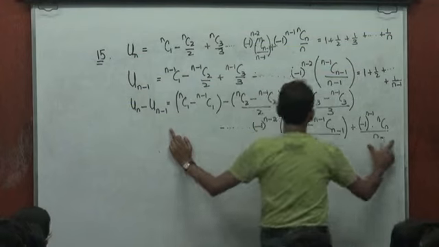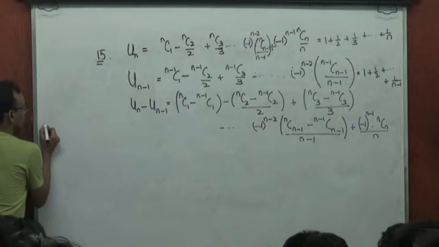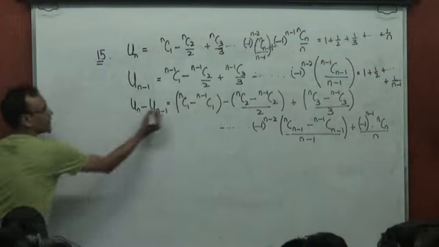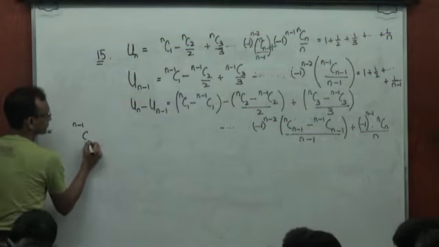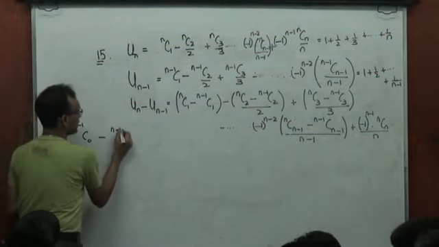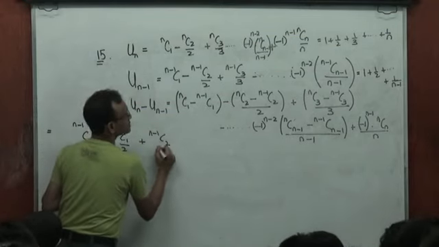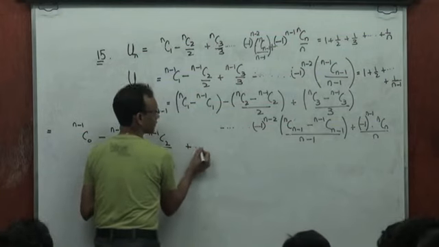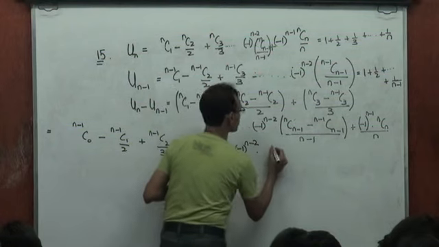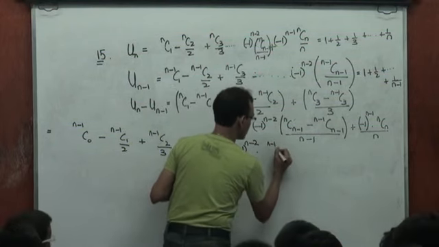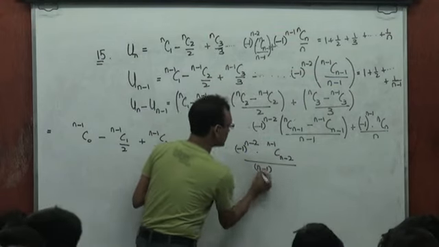And first of all, if I include this term, how many terms are there? n terms in all, right? So this n minus 1 C0 plus minus n minus 1 C1 by 2 plus n minus 1 C2 by 3 up to minus 1 to power n minus 2, n minus 1 C n minus 2 divided by n minus 1. Yes or no?